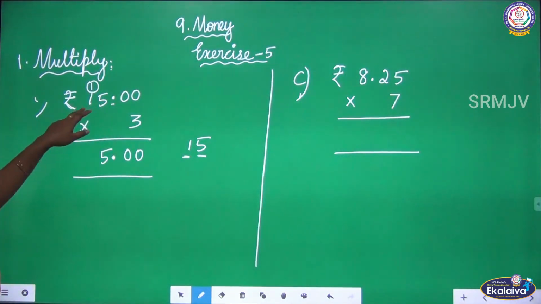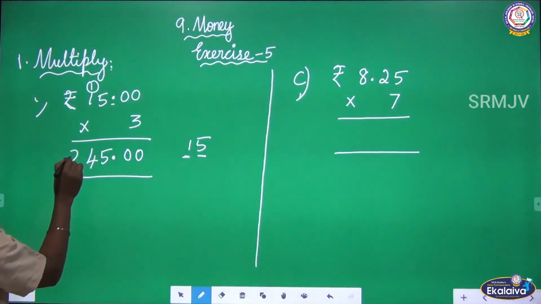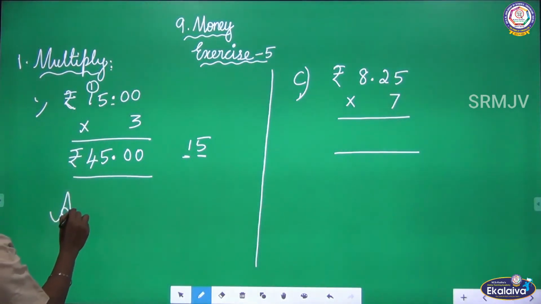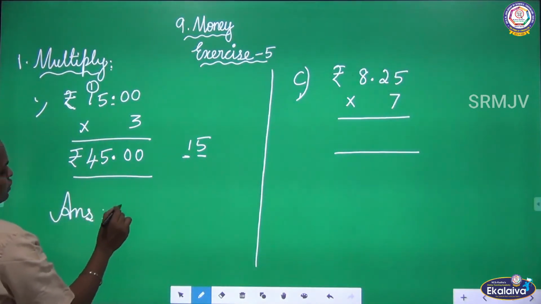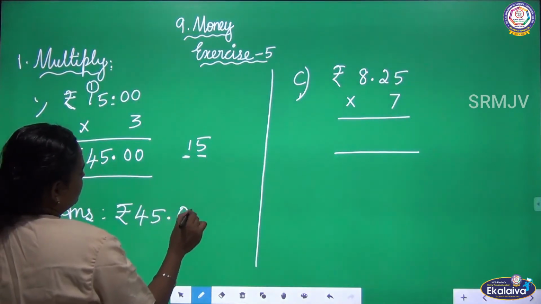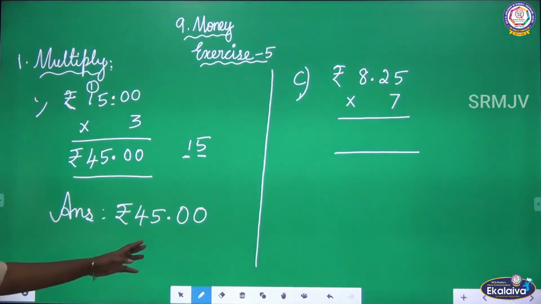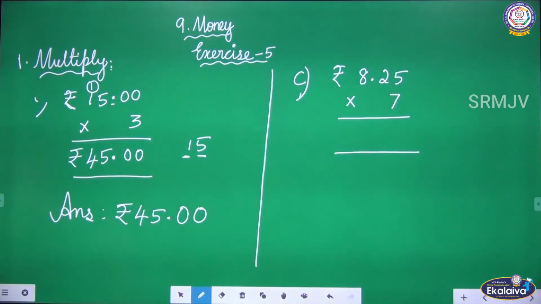Then 3 1s are 3, 3 plus 1 is 4, then write the rupees symbol. So what is the answer? 45 rupees. So you can write 45.00 also or only rupees 45, because here there is no paise.